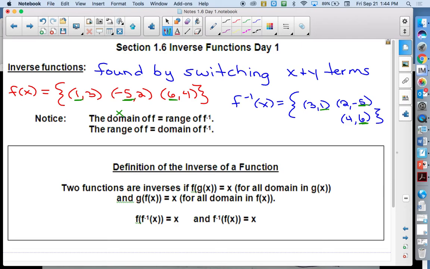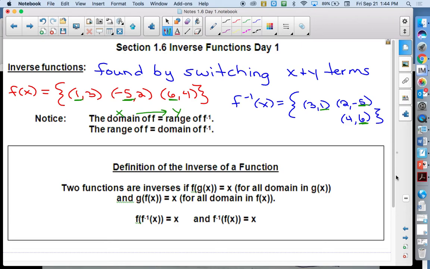And that's the same thing with the range of the function. It's now the domain of the inverse. That's the same thing as saying, hey, we're switching x and y. So it was x, it becomes y. It was the domain, it becomes the range. So you might see both terms being used. We could switch domain and range, we could switch x and y because they mean exactly the same thing. So that was just a little basic intro there to inverses.